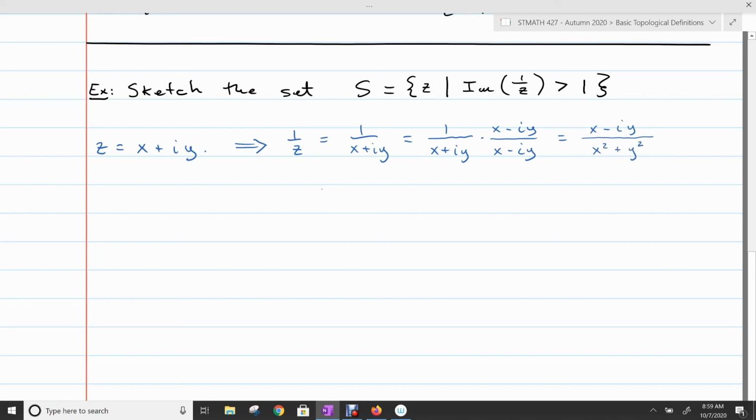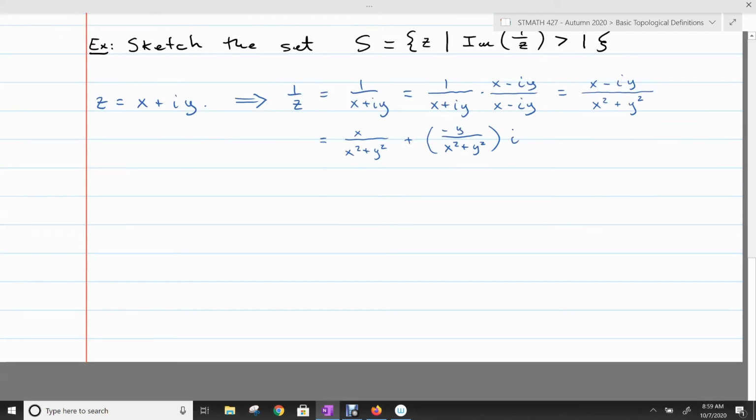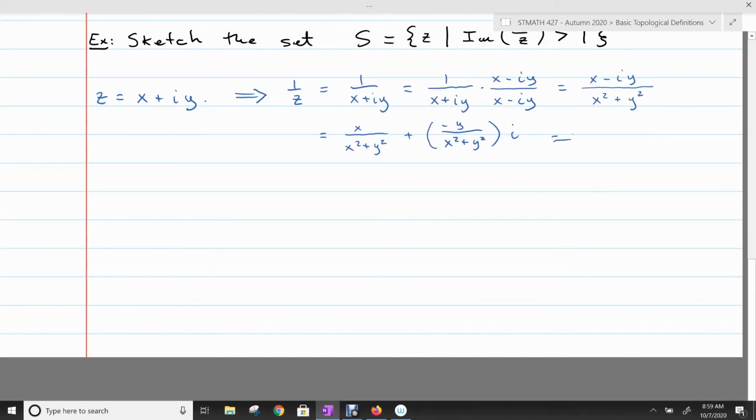And so then you could separate this out into its real and imaginary parts as x over x squared plus y squared plus negative y over x squared plus y squared multiplied times i. So that tells me that the imaginary part of 1 over z is equal to negative y over x squared plus y squared.